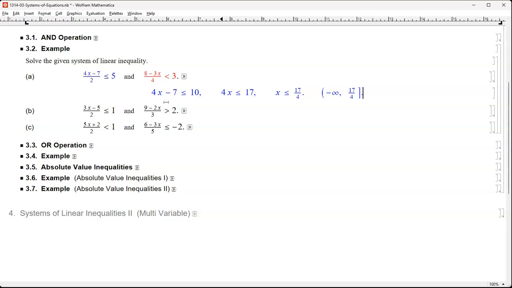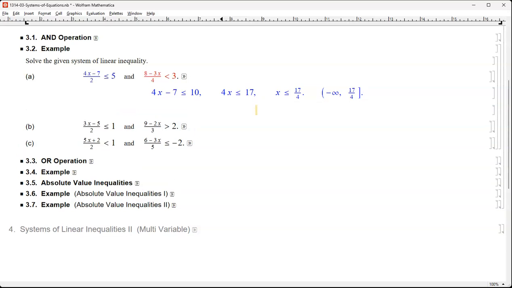Now, how about the red inequality? Well, step 1 is the denominator, so flip it over. 8 minus 3x is less than 12, is that right? Okay, flip this 3x to the other side. And then flip this 12 to the other side. And finally, divide by 3.